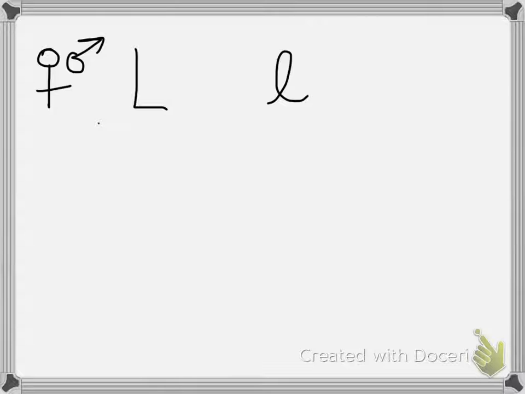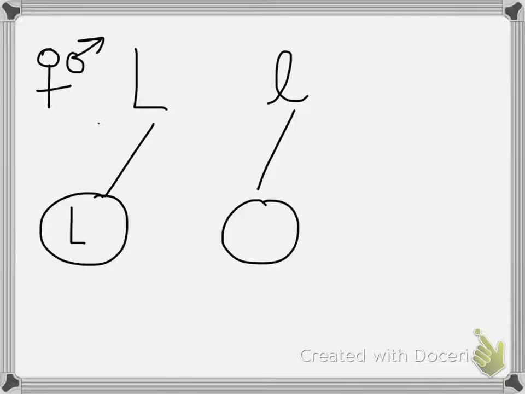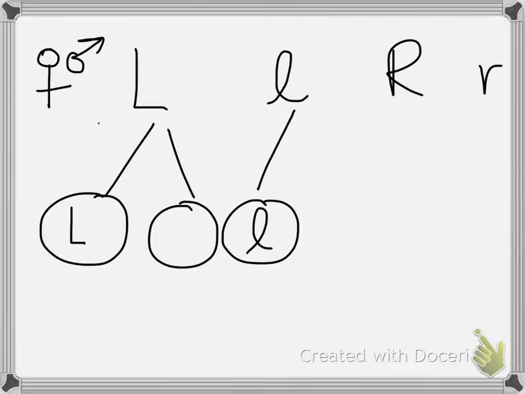There's a 50% chance that any given egg is going to get a big L. There's a 50% chance that any given egg or sperm is going to get a little l. For every big L egg, there's a 50% chance that it's going to get a big R and a 50% chance it's going to get a little r.